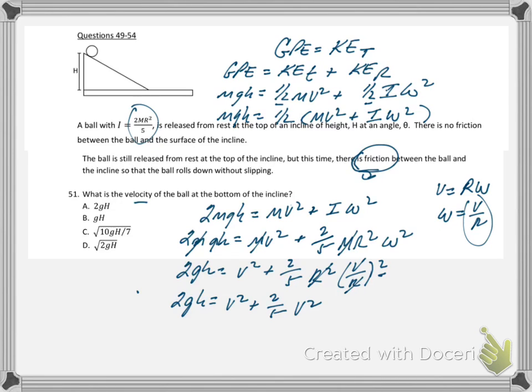So we have 2gh equals v squared plus 2/5 v squared. So v squared we're going to say is 1 times v squared, which is 5 over 5 v squared. So 5 over 5 v squared plus 2 over 5 v squared is 7 over 5 v squared.